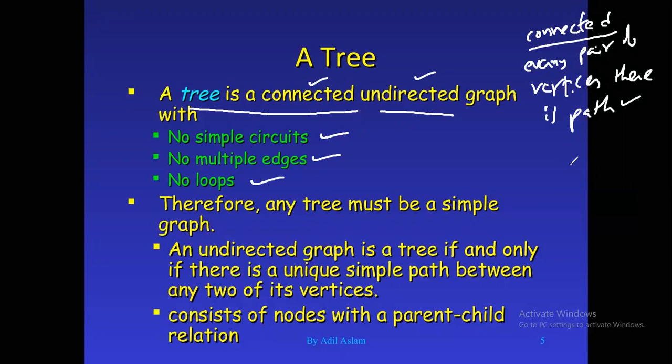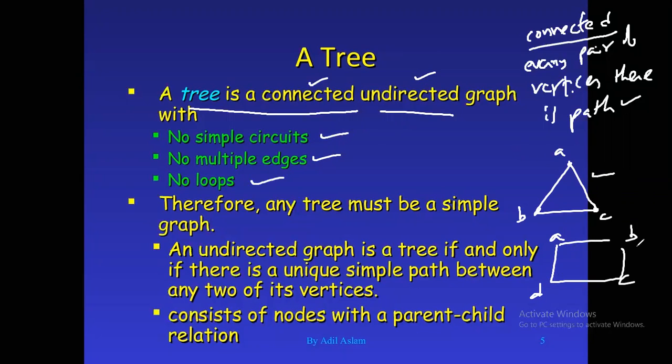For example, this is one circuit, A, B, C. Or you can take this as one circuit, A, B, C, D. A circuit is nothing but a path whose starting and ending vertex are the same. So the tree does not contain these types of circuits.